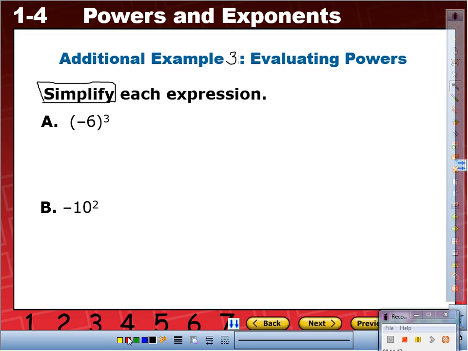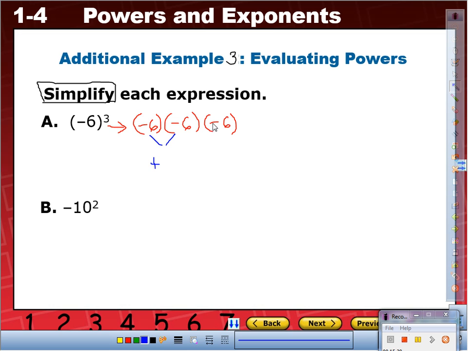All right, here we go. So let's do this one. What's inside of the parentheses? Negative 6. So we write it negative 6 times negative 6 times negative 6. Okay? So from there, look at these two signs. Are they the same sign? So the answer is a positive.